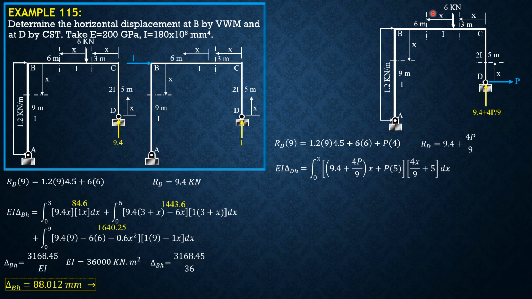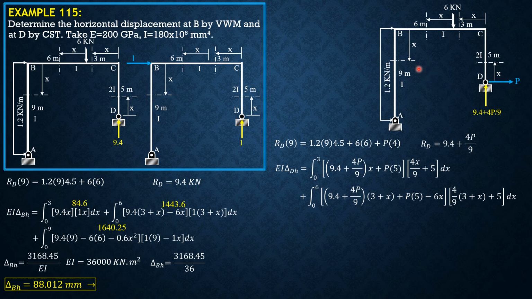Then in this section, the moment is integral from 0 to 6 of quantity 9.4 plus 4P over 9 times 3 plus x plus P times 5 minus 6x. Then the derivative is 4 over 9 of 3 plus x plus 5 dx all over 1.